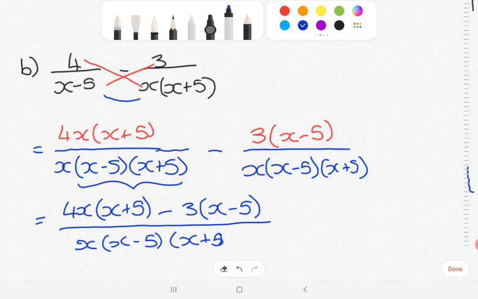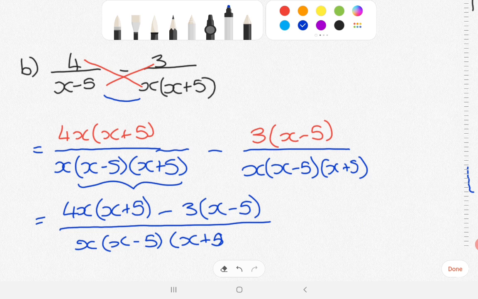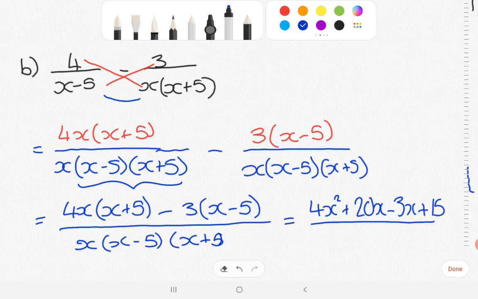Okay, and then the next step, remember, is that we're going to multiply out the numerator and tidy it up. So if we multiply out the numerator, we're going to get 4x squared plus 20x, and then I'm going to get minus 3x and plus 15. Just watch those two negatives there. So I've got x times x minus 5 times x plus 5, and then the final step, I've run out of room, so I'm going to have to go up here for that.